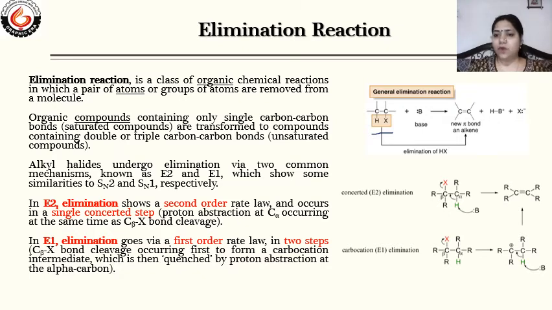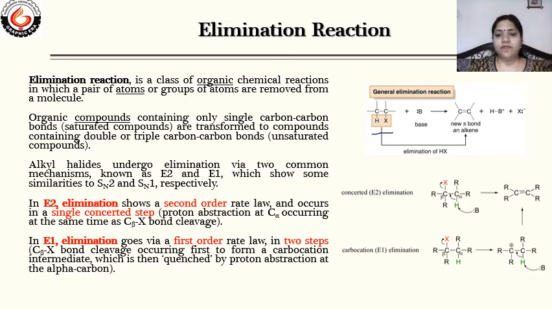The atoms are only detached from here, so obviously 2 electrons remain there, and those 2 electrons will form a pi bond. So the saturated hydrocarbon gets converted into an unsaturated hydrocarbon, and this reaction is facilitated by the base. First the base abstracts the hydrogen forming HB plus, and X minus is also eliminated from the structure. It will give an alkene.